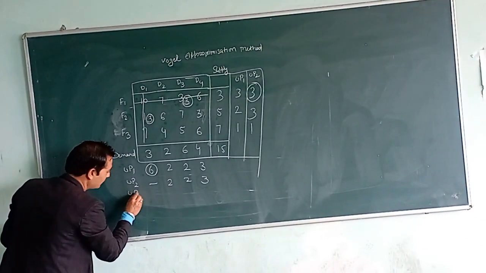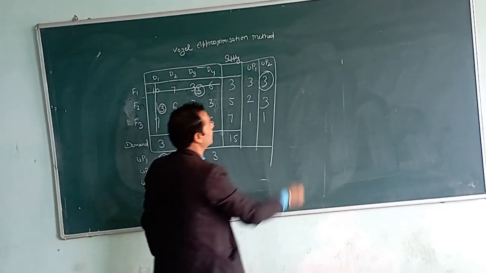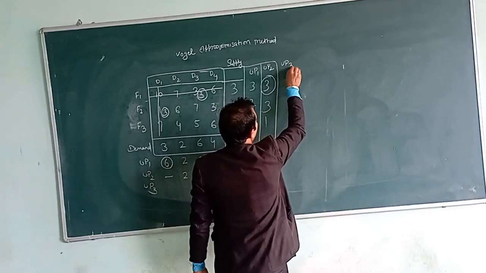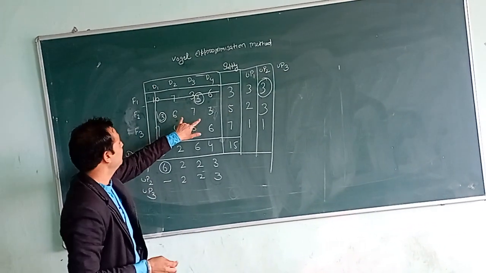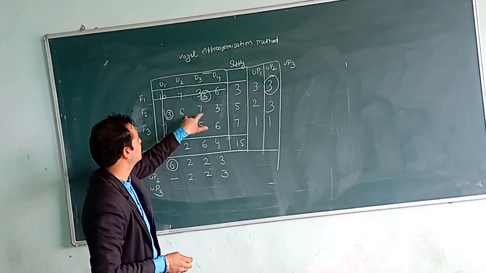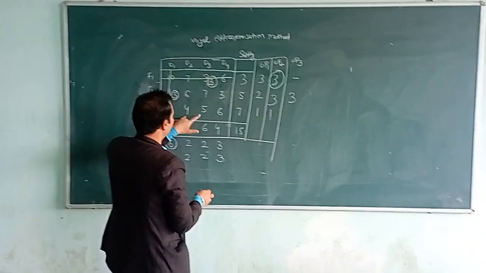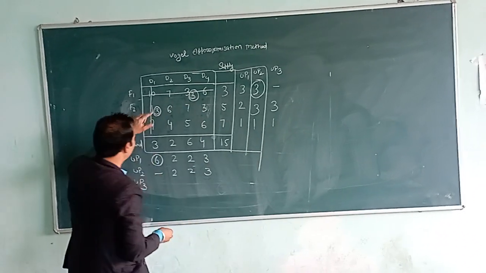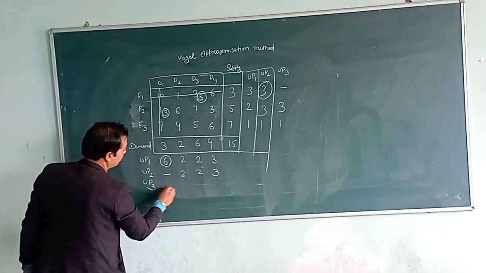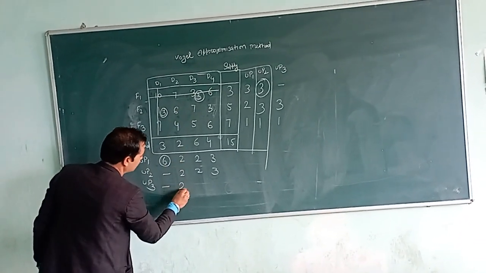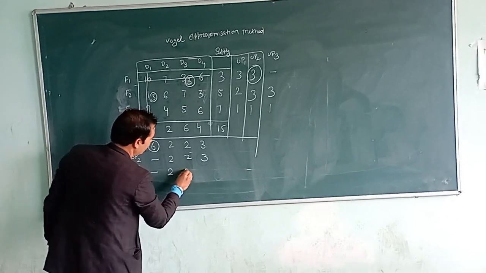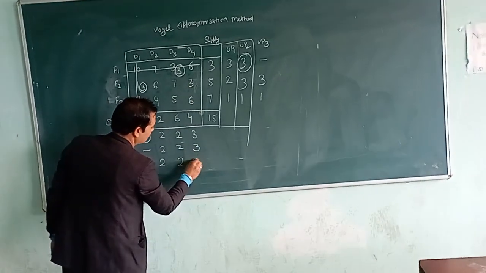Now the next process, unit penalty 3. Here the two minimum elements, 6 and 3, the difference is 3. 4 and 5, the difference is 1. Here 4 and 6, the difference is 2.